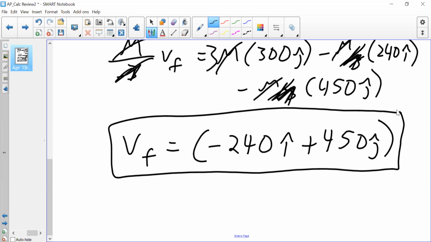Since we have a negative x and a positive y, it's going to be moving kind of northwest.